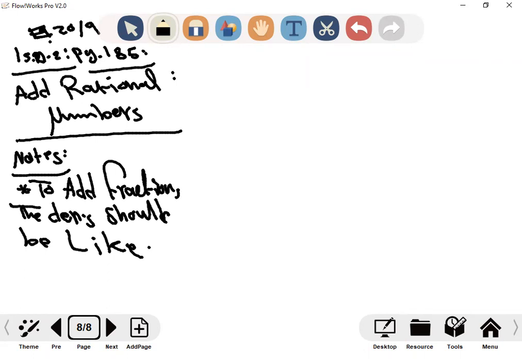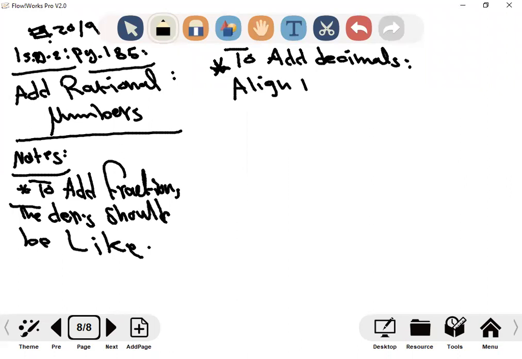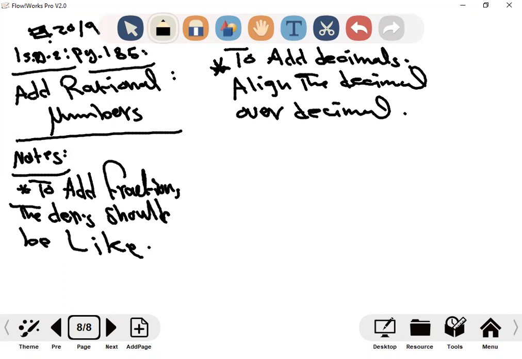This is for the fractions. To add decimals, align the decimal over decimal. Don't forget that. You need to align decimal over decimal.